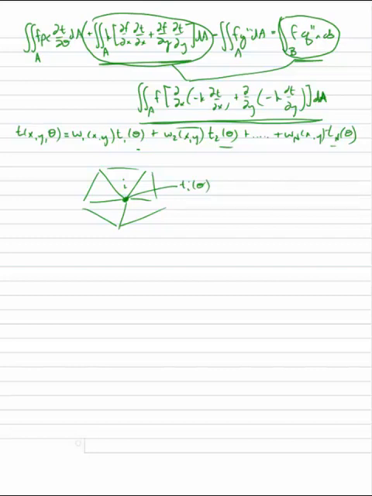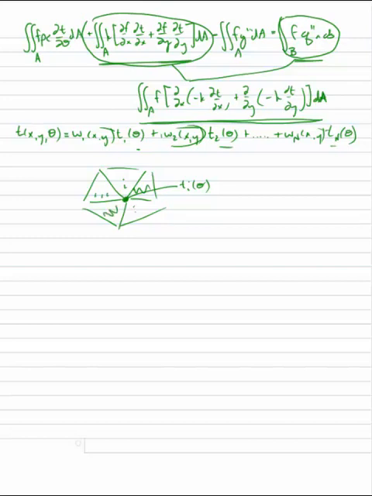And these weighting functions, which are only a function of position, indicate the impact of this temperature on the surrounding area. So Wi is going to be non-zero in these elements that surround node I, because node I has some impact on the temperature within this triangle, and this triangle, and this triangle, and this triangle, and this triangle. So just looking ahead, that's what these things mean.